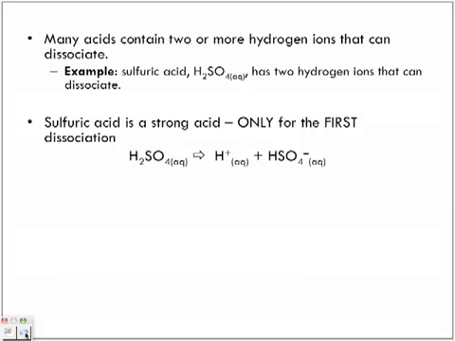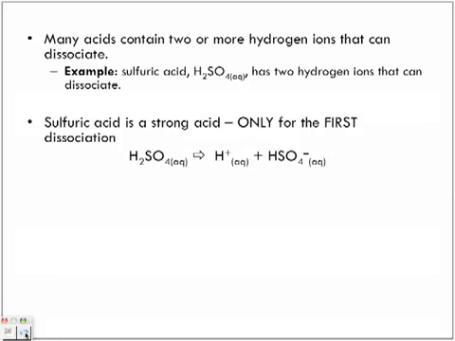Which leaves us with the HSO4 -1, because we've given off one proton. This sulfuric acid is considered a strong acid, as I've shown you in the list of strong acids on one of the earlier slides. Now, it dissociates once, but it has the ability to dissociate again.